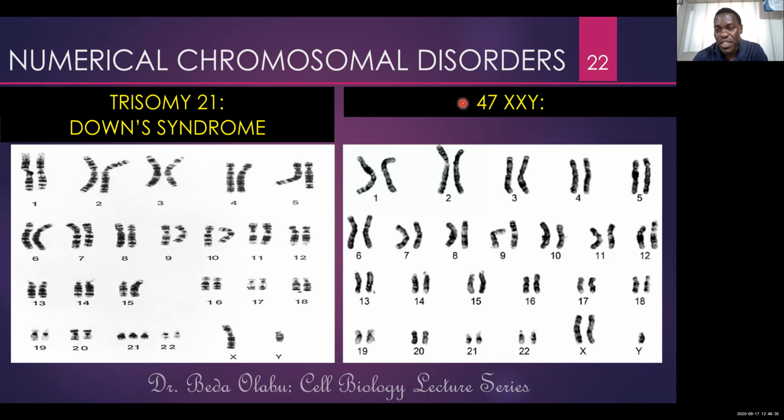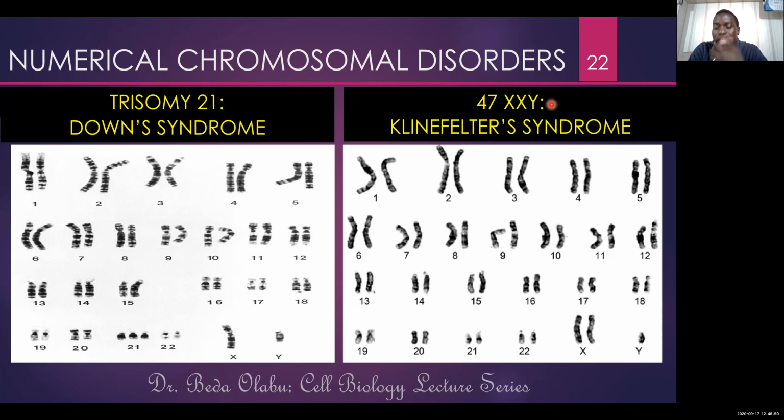It means you have a trisomy on the 23rd pair of chromosomes, and this is the pattern on the 23rd pair: XXY. Someone with 47XXY is someone with Klinefelter's syndrome. What syndrome? The spelling is there. Can you see it? Klinefelter syndrome.